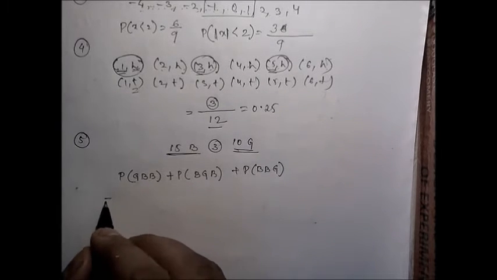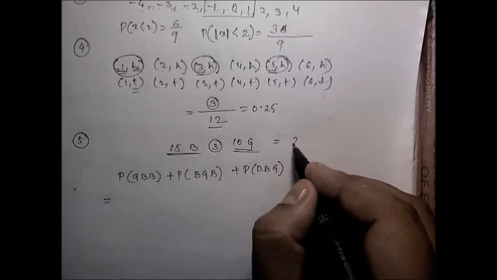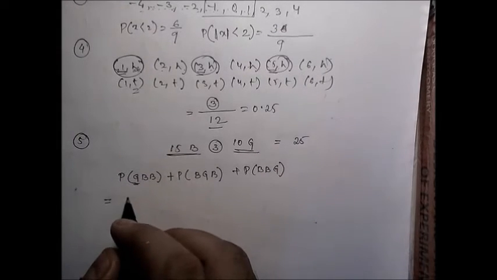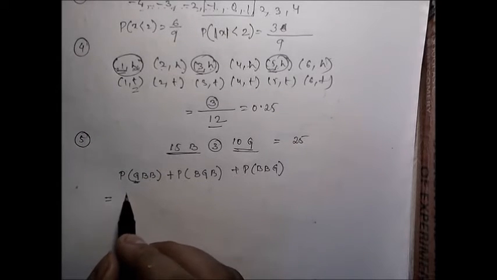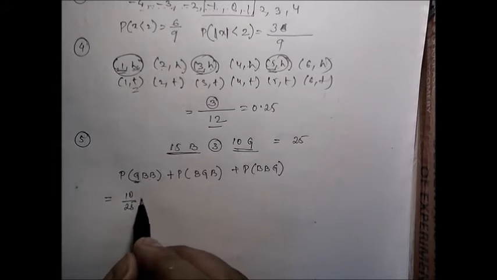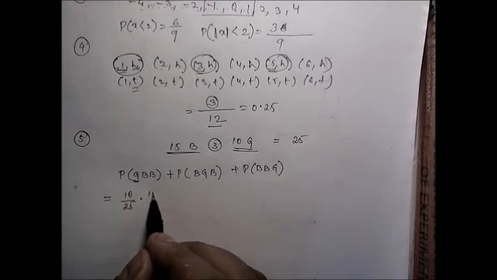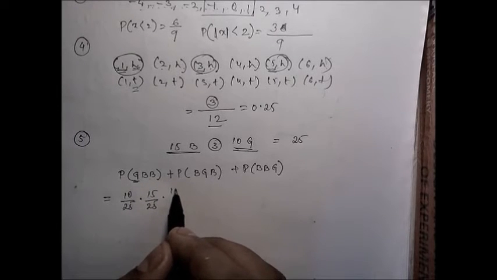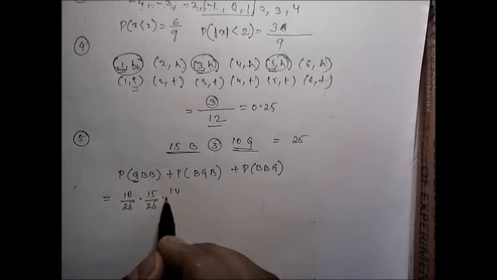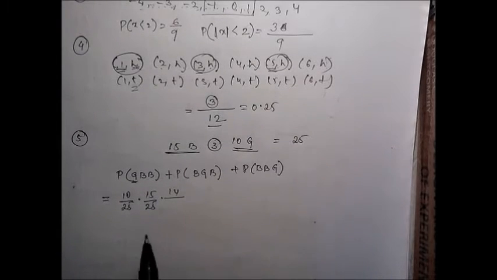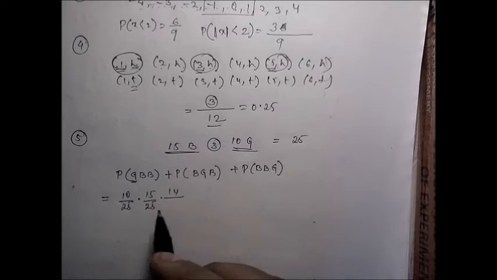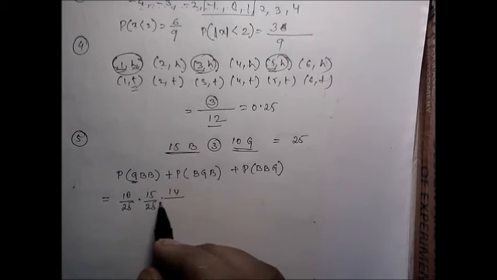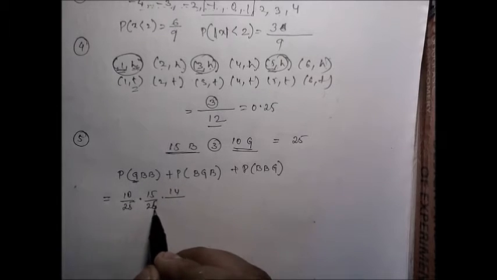So probability, the total number of students is 25. Probability of getting a girl is 10 by 25, boys 15 by 25. So first one is 10 by 25, then one girl is chosen, so the remaining 2 boys are there, so 15 by 24.